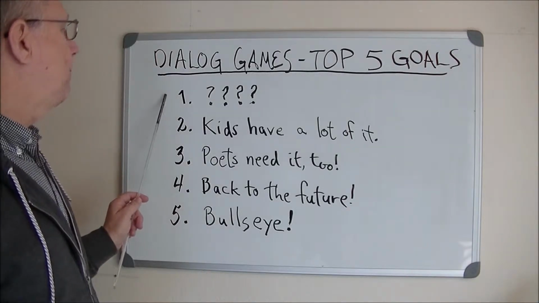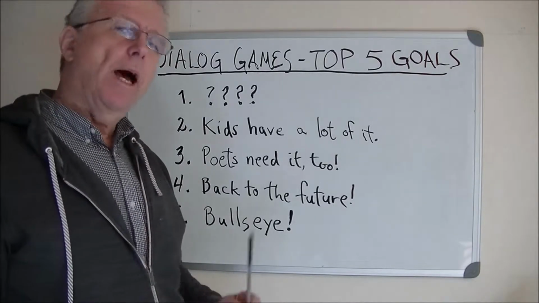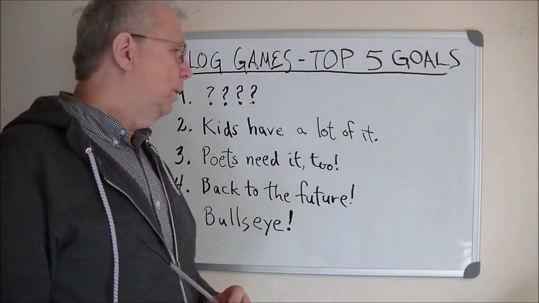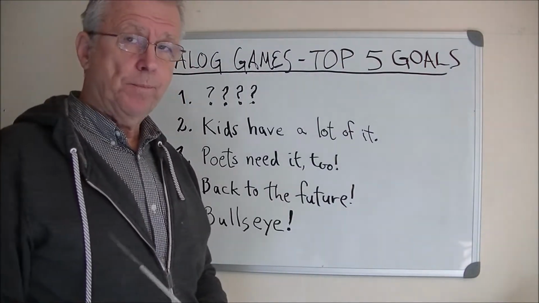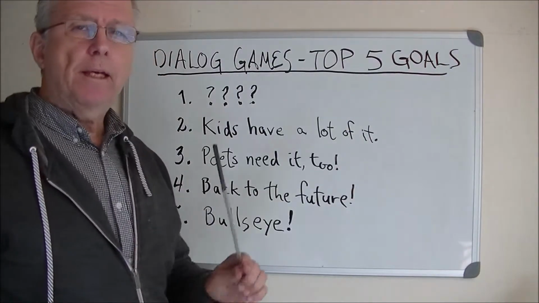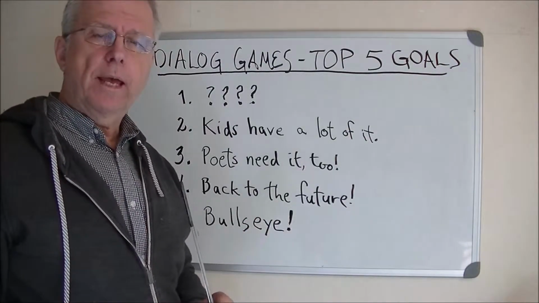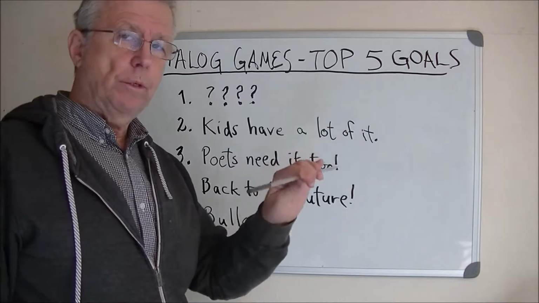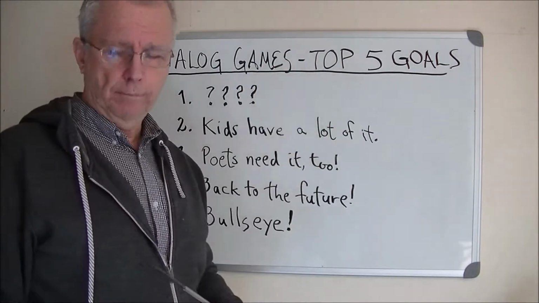And number 1, I left completely blank. I'd like you to tell me what you think the most important goal is for playing the dialogue games. So I'll be back in a second after you've given it some thought, and I will reveal number 5, then 4, 3, 2, and finally number 1.